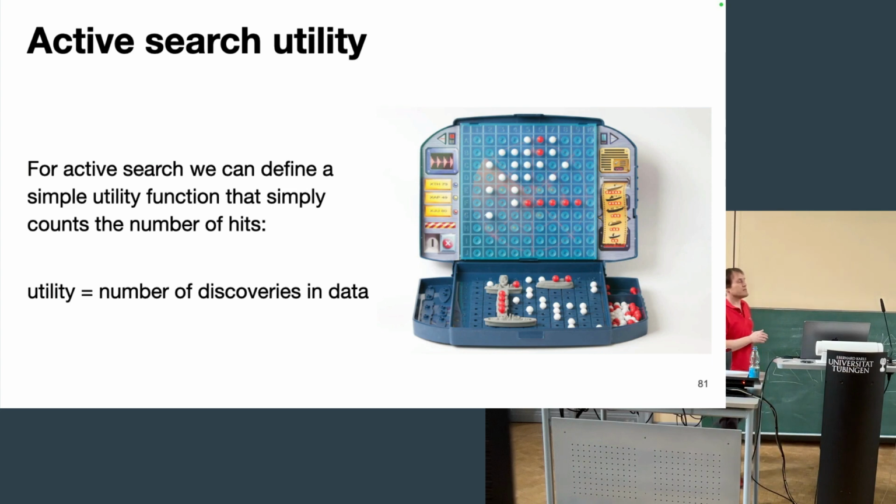Well, a very natural utility function we might choose for this problem, if I want to maximize the number of hits that I get, is to take in my data set and score it according to the number of hits contained inside of it. So I'll just add up all the discoveries I made, and I'll get a unit reward for each of those discoveries.